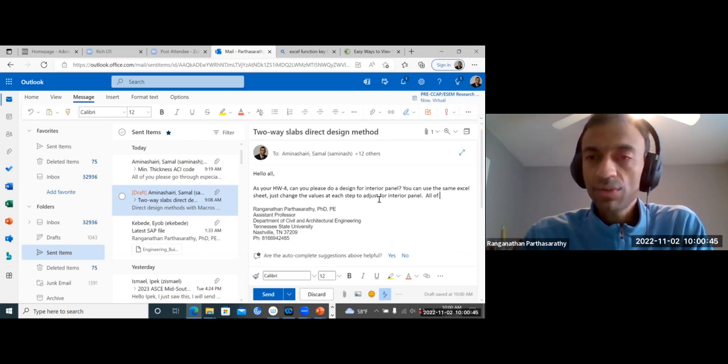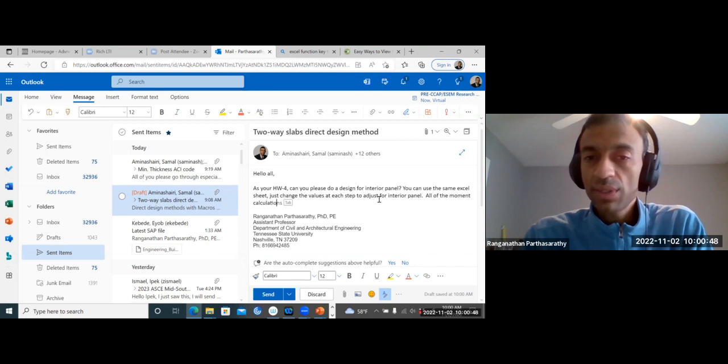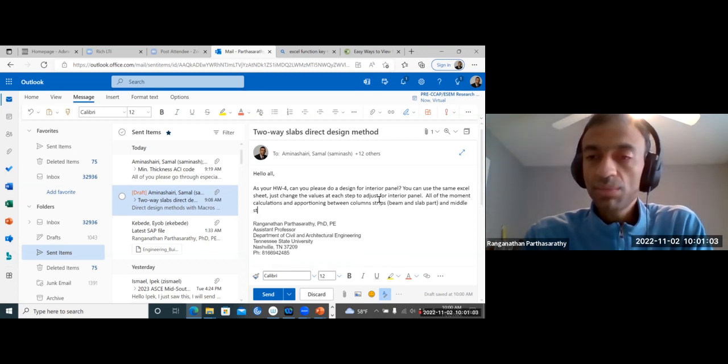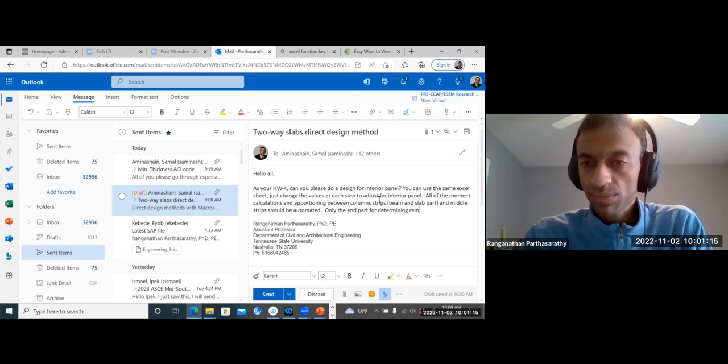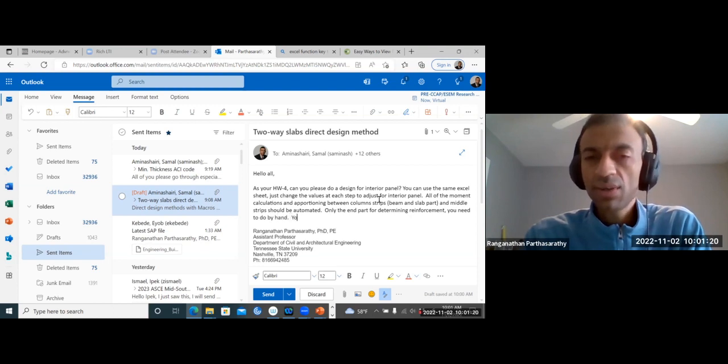Then all of the moment calculations and the portion between column strips and slab part and strips should be automated. Only the end part for determining the reinforcement is by hand. Or you can write a small code for that as well.